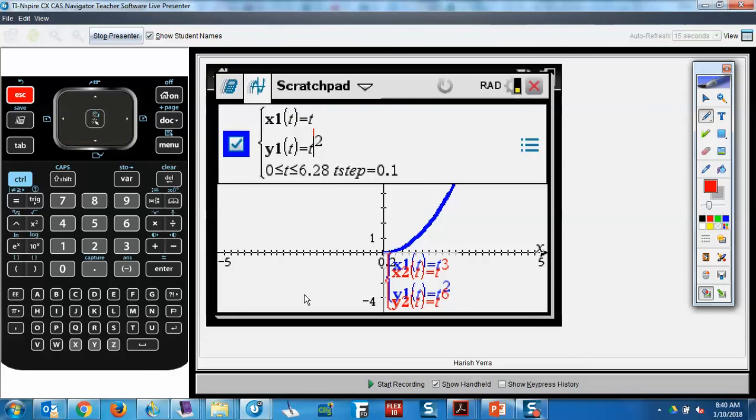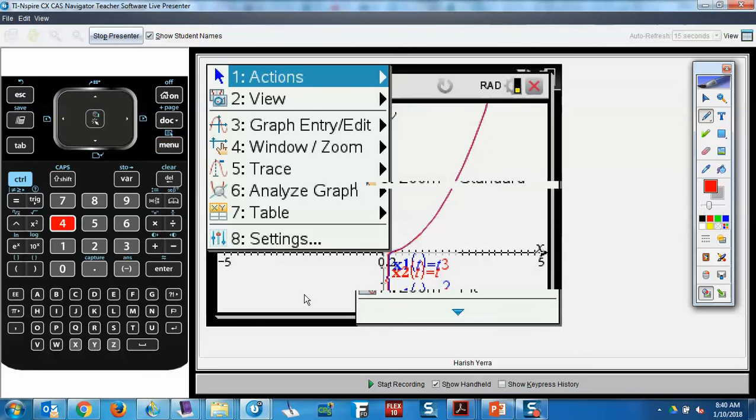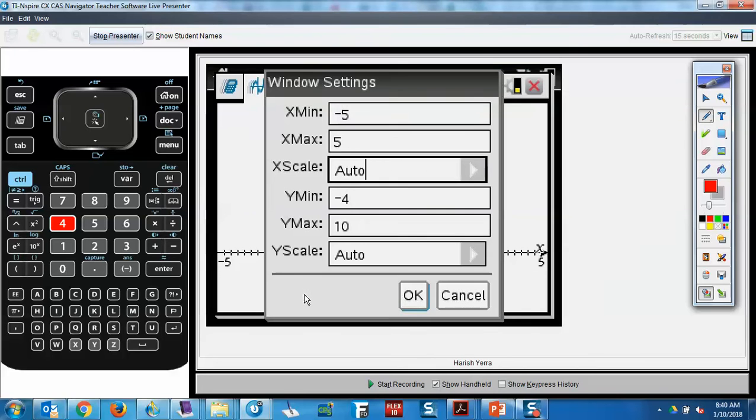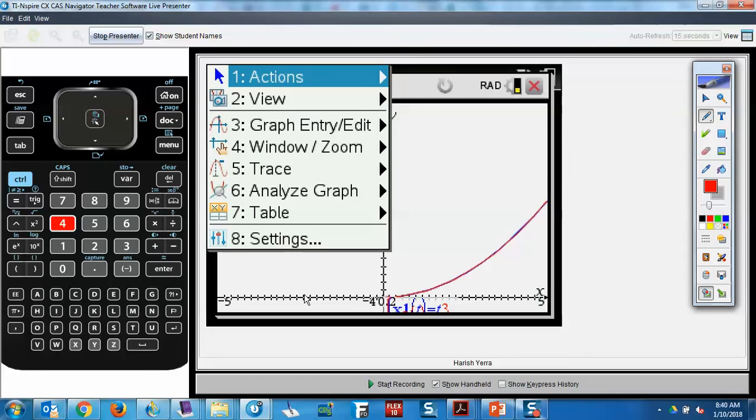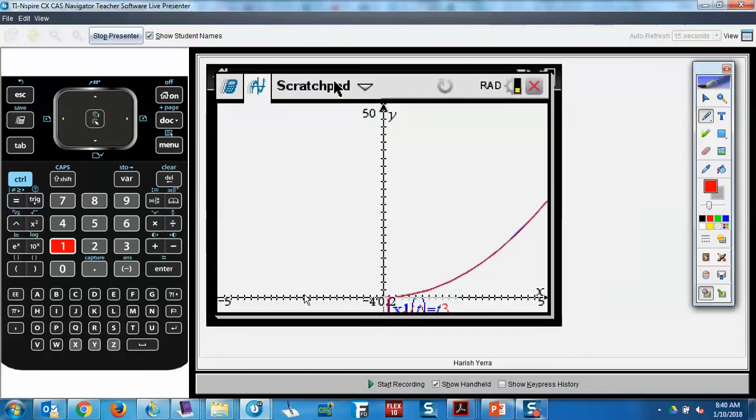Why don't we set our y window to y max to 50. Oh, and we got to set our x max, so we go up to 6.28. So set your x max to 7.